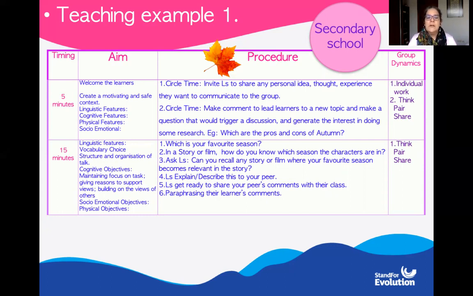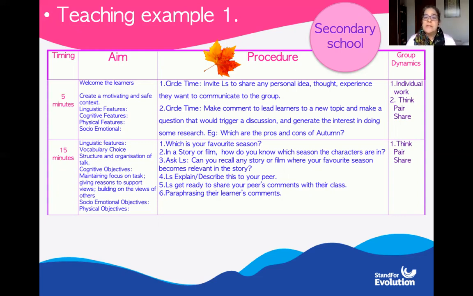You can ask, can you recall any story or film where your favorite season is relevant in the story? Maybe the season actually takes place as an extra character in the story.